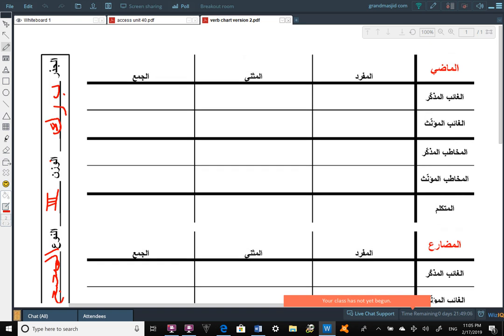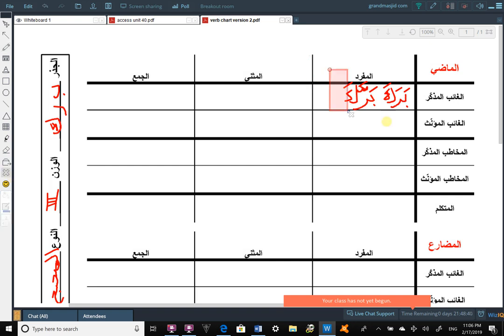So let's begin. What we do here, if we remember, form 1 was like just 3, and then form 2, what we did was added a shadda on the second radical here.